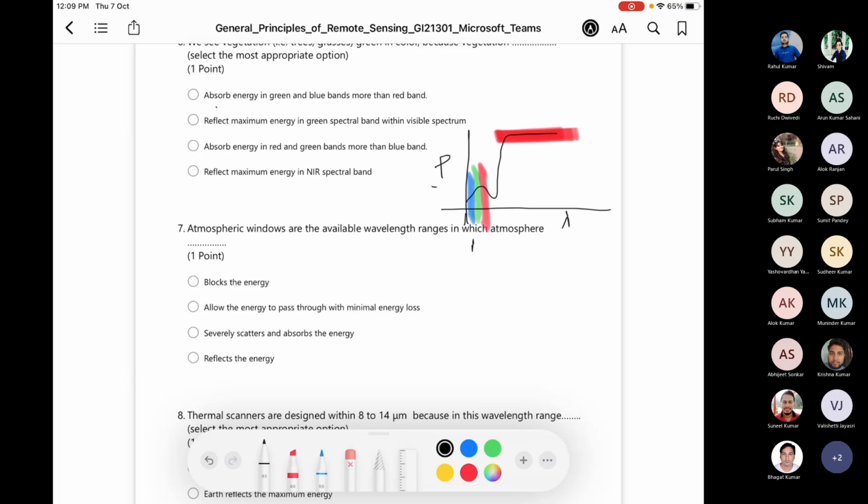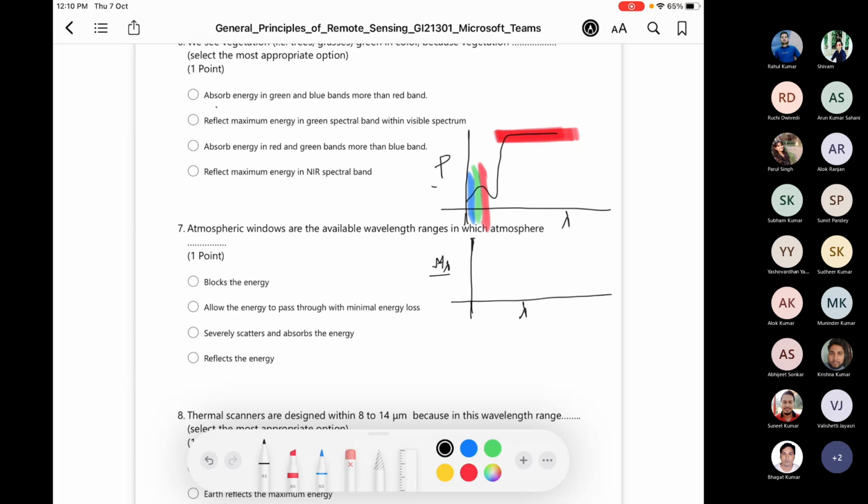First, you need to plot the wavelength versus atmospheric transmission curve. Then, on the basis of this curve, you need to mention the windows.